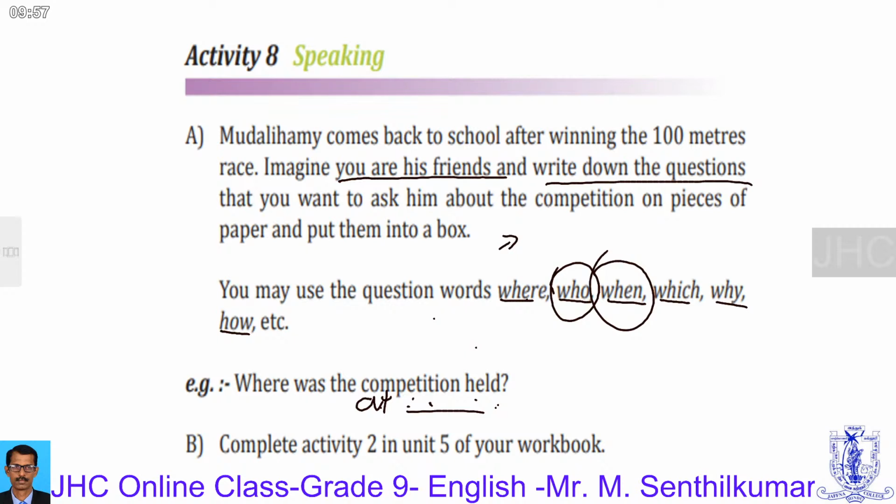Second one, we went one by one. When? You make a question with when. How do you make a question with when? No. The question is correct, but grammatically wrong. Cut it here. Put it this way. How do you write it? First one is okay. Where was the competition held? Like that. When was the competition held?